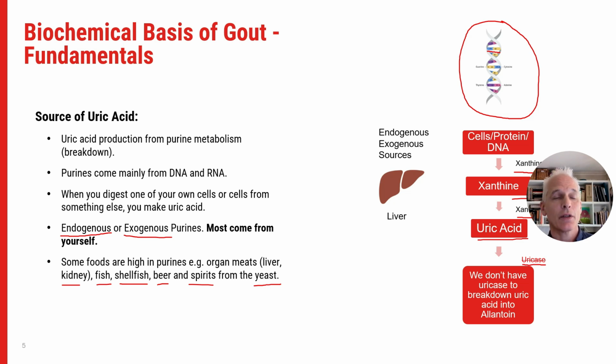There's lots of yeast used to produce beer, for example, and so beer has a high purine content. But alcohol can also dehydrate you, so it's not just the purines in the alcohol. Alcohol itself can cause dehydration, and that in itself can potentially trigger a gout attack, rather than just the purine content.